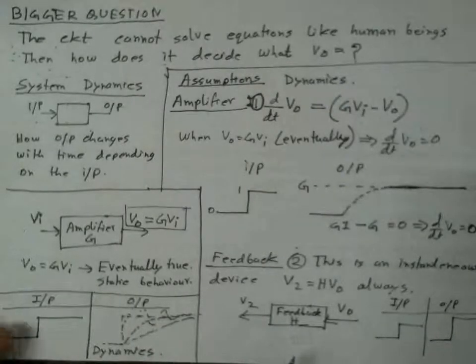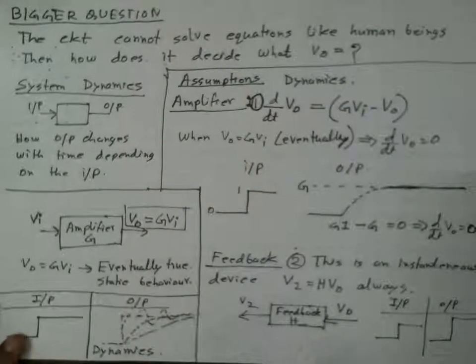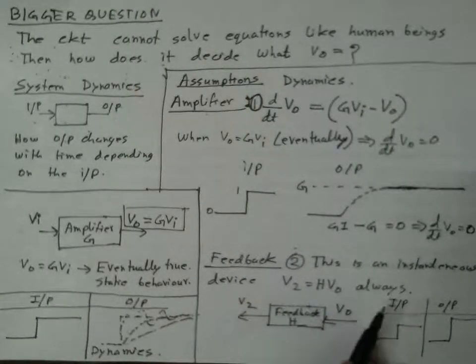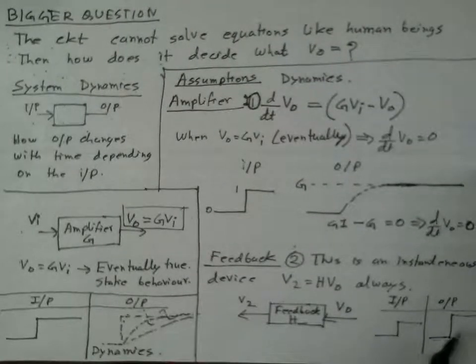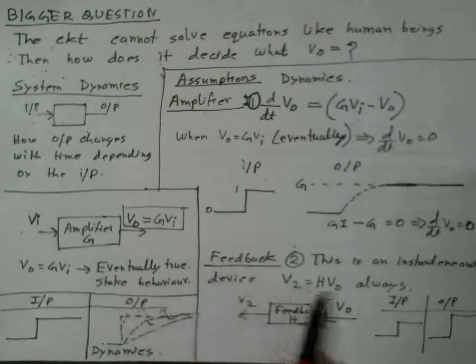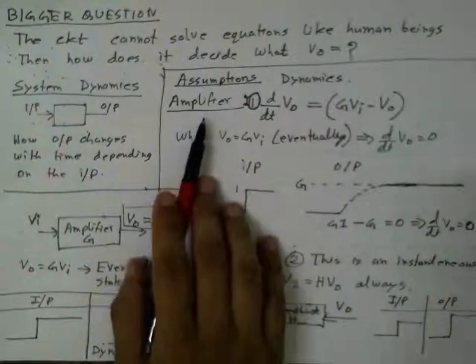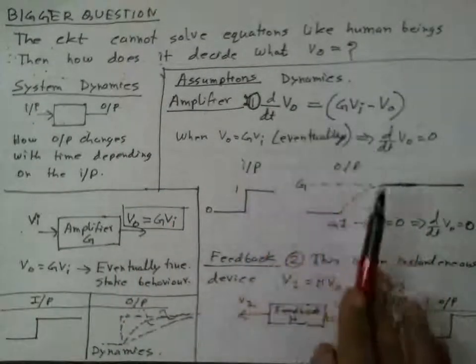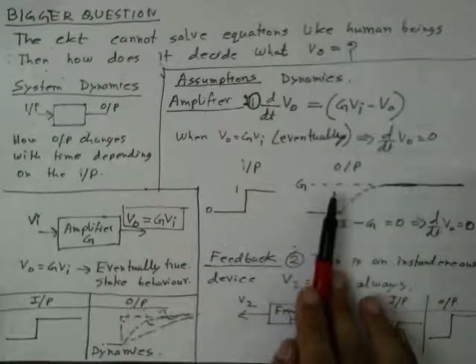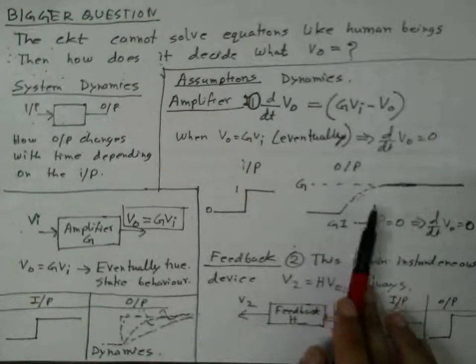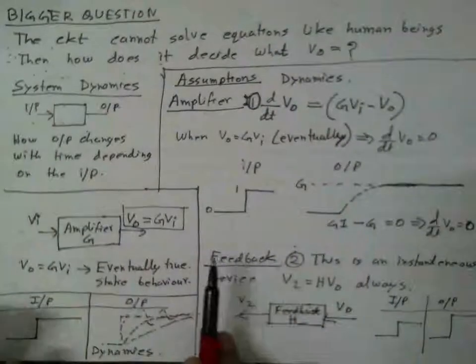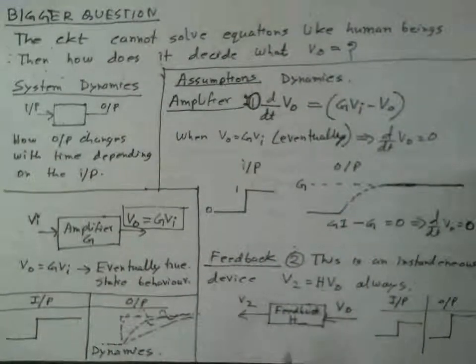But this is instantaneous, and I'm making this assumption to make my life simpler. I do not want to start with a complicated problem right at the beginning. So I'm assuming that the feedback element is instantaneous, but the amplifier is not. The amplifier alone is enough to give us a good picture of the system dynamics.